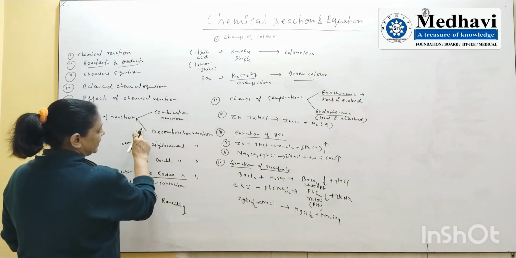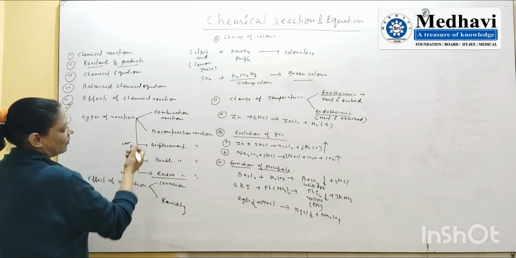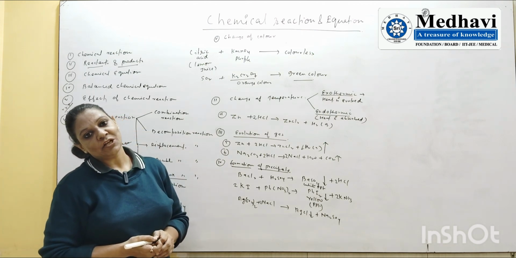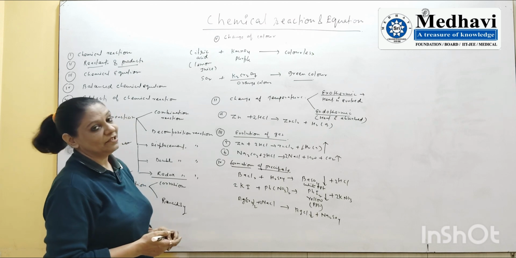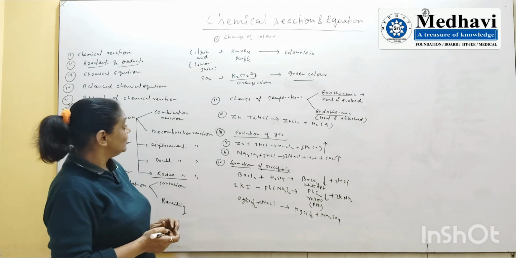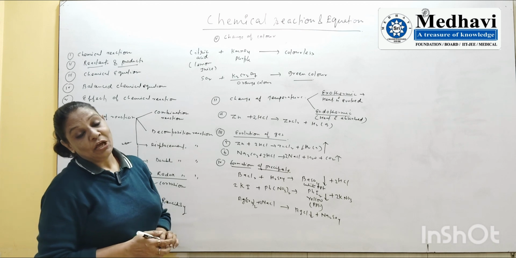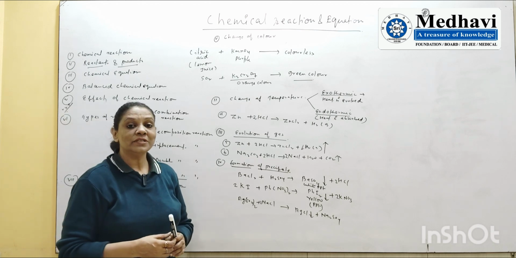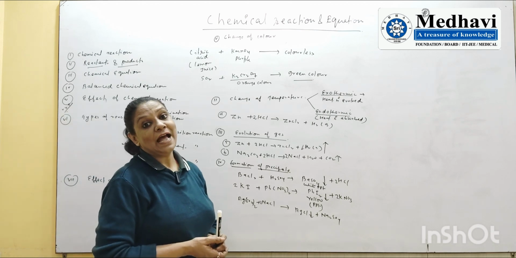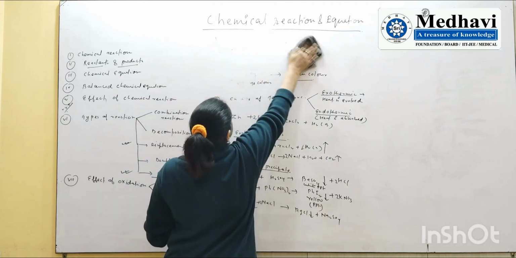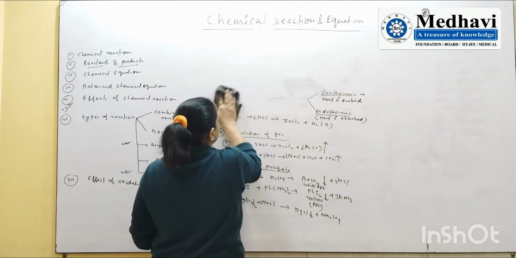Then decomposition, double displacement, combination, these reactions are going to be used in the metals and non-metals chapters, and acid, base and salt. So once you understand these reactions very well, you can apply them in other chapters. So the second part that we have to discuss is types of chemical reaction.